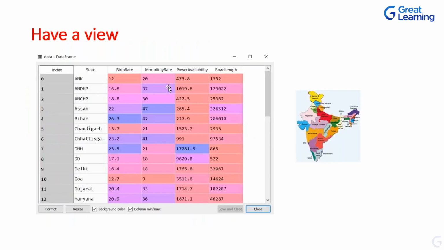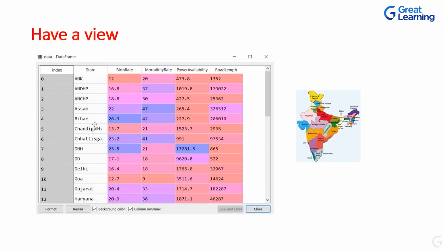Now, what we can observe, that state is appearing as a column, dedicated column, and it indicates that it is one of the variables, whereas we want this to be indexed. Indexing should not be done in terms of 0 to 35 in this case, because there are 36 states.